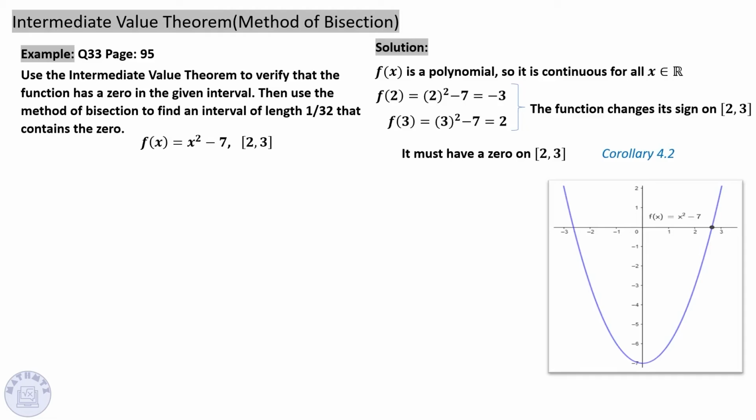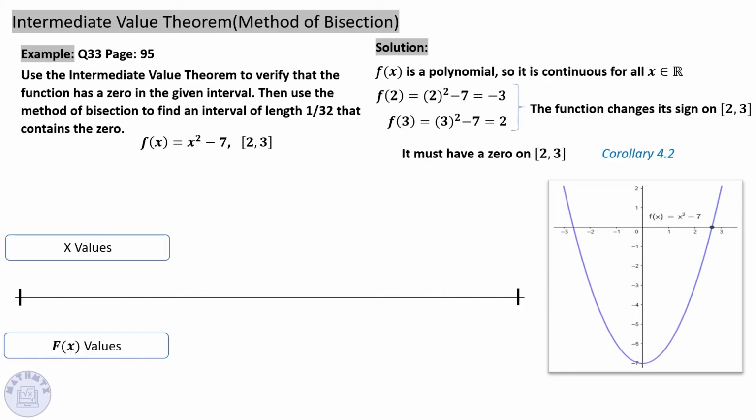Now, we will use the method of bisection to approximate where this zero is, and we will give the approximation to a small interval of the length 1 over 32. Let's plot it on a number line, and you can see the initial point is 2, the end point is 3, and I have the f of x values down here.